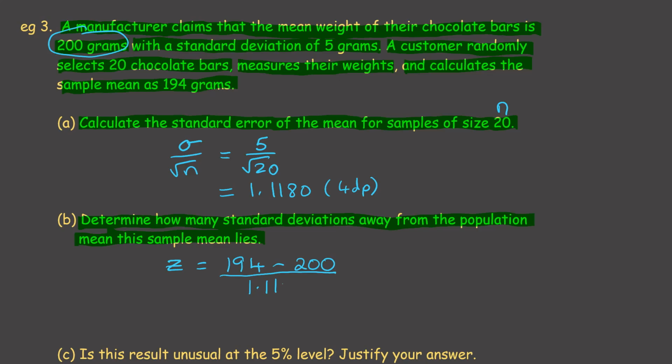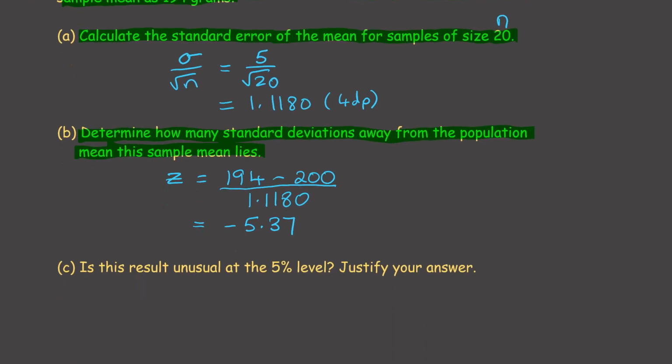And of course that means the sample standard deviation or standard error. And that would give us, if we calculate that, negative 5.37. And that means that it's 5.37 standard deviations from the mean.